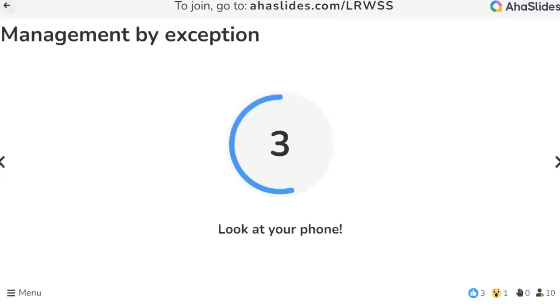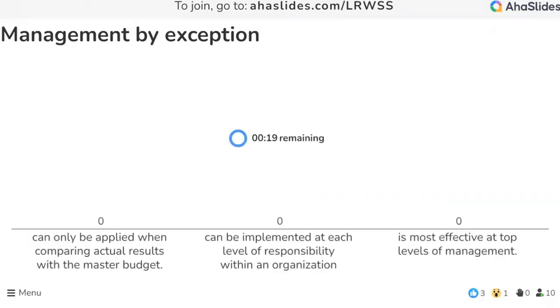Management by exception can only be applied when comparing actual to master budget, can be applied at each level of responsibility, or is most effective at top levels.